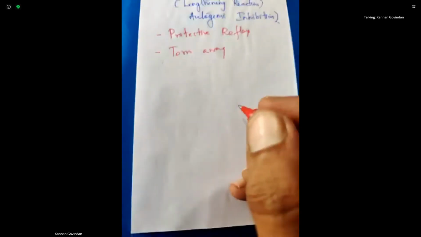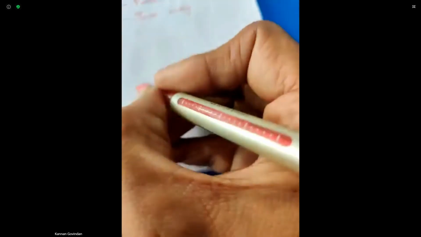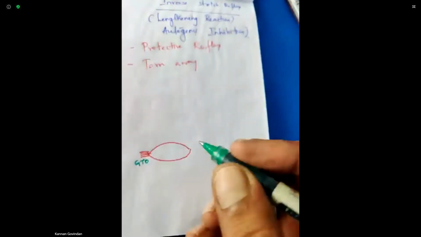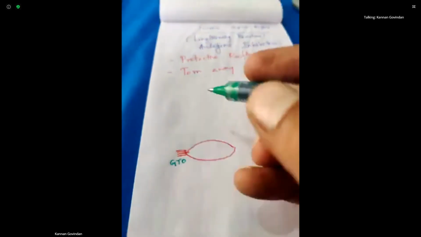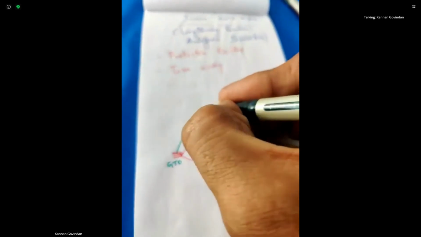So this is the circuit for inverse stretch reflex. So this is the muscle. At the end of the muscle, we have a special receptor in the tendon called as Golgi tendon organ. Okay, from Golgi tendon organ, we have afferents called as 1B afferent.